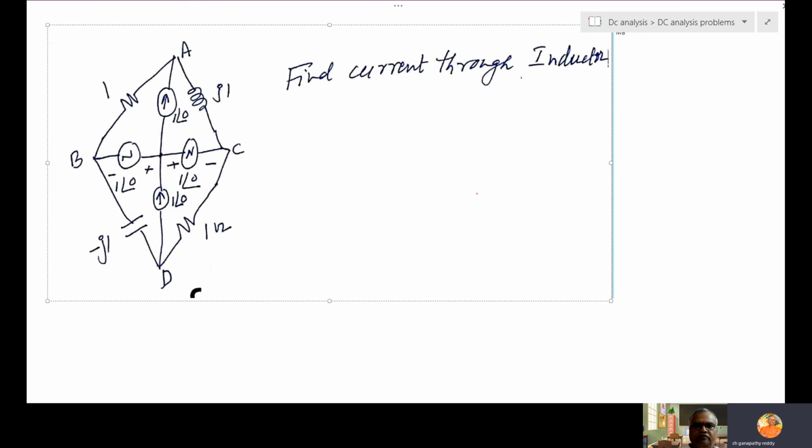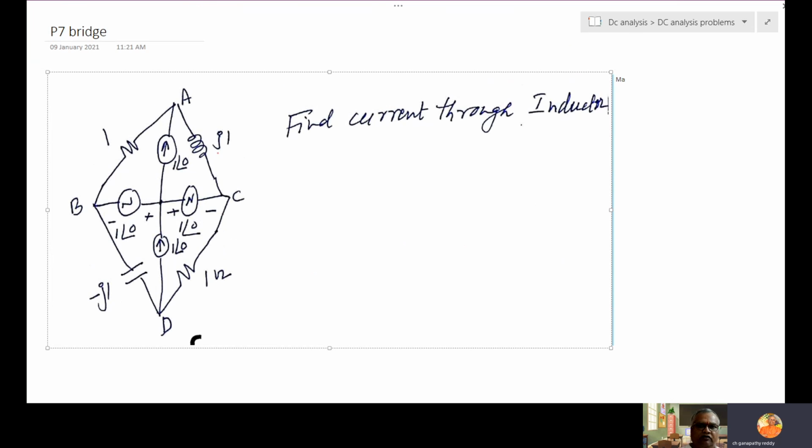There is again another bridge application. Find current through inductor. So inductor is here. There are many sources.